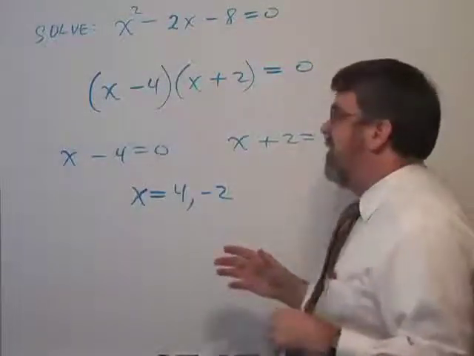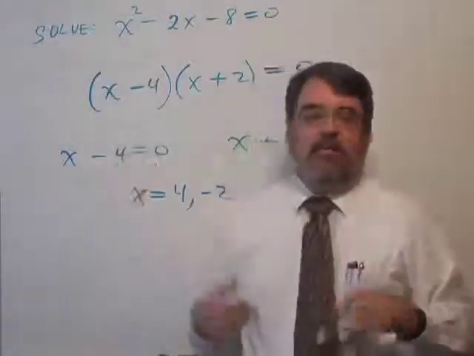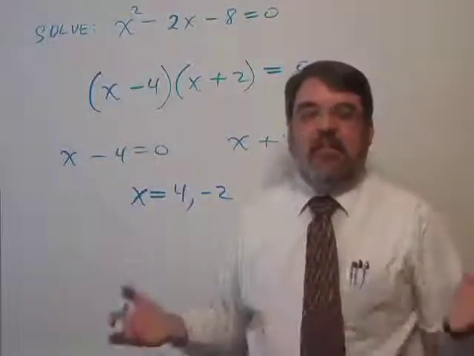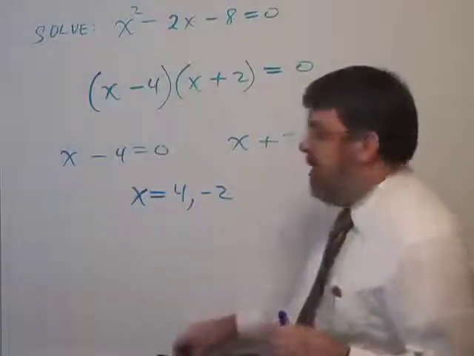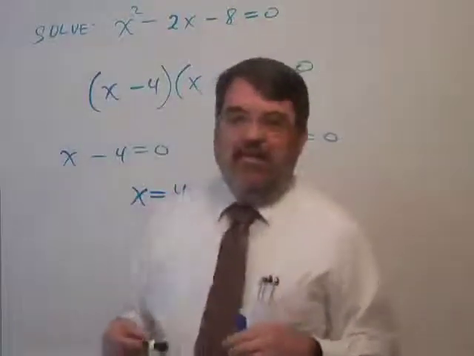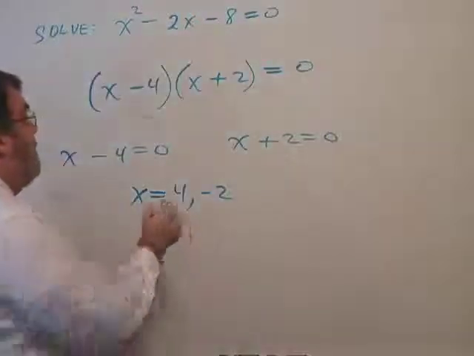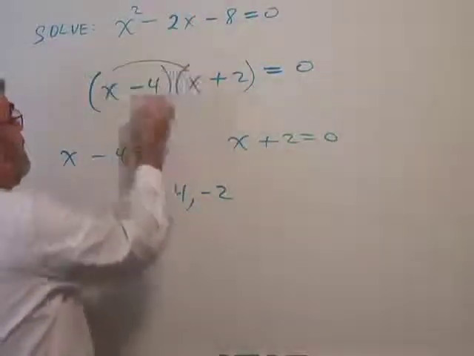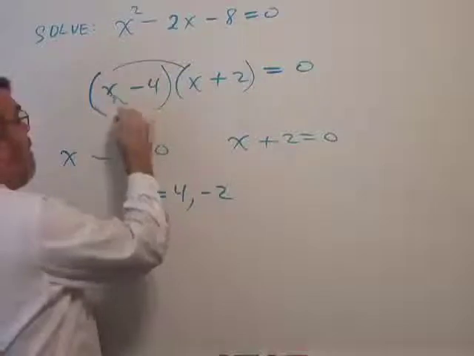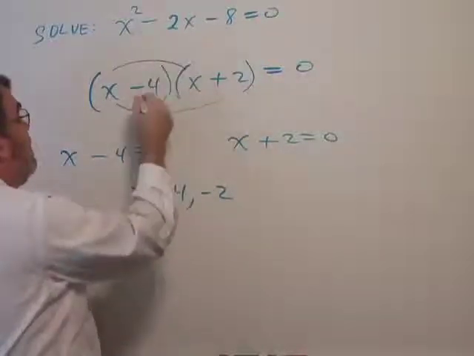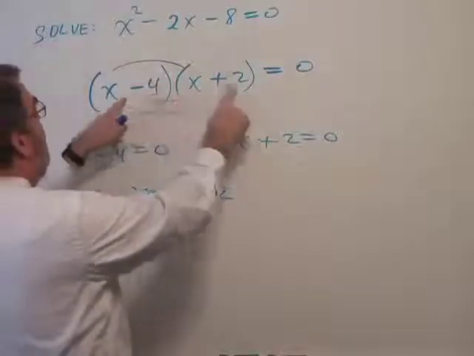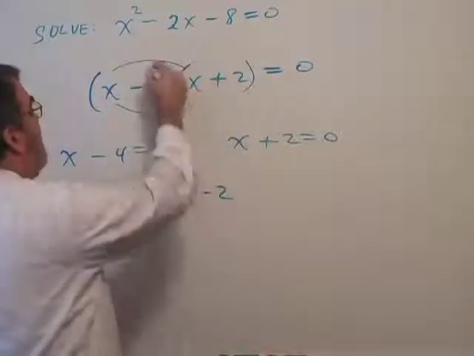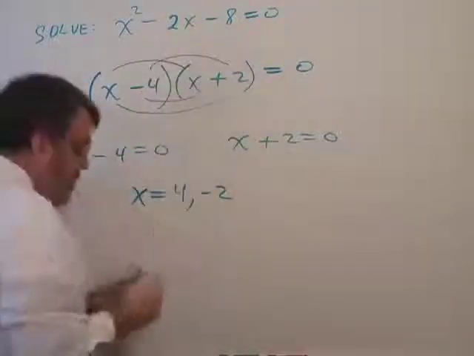A lot of students, I think, will just put numbers up there and think it looks right and then proceed to get the wrong answer. It's because they didn't check their factoring. So let me just make a pitch for that. Let's check our factoring. This is x squared plus 2x minus 4x. So negative 4 plus 2 is negative 2x, and then minus 8.